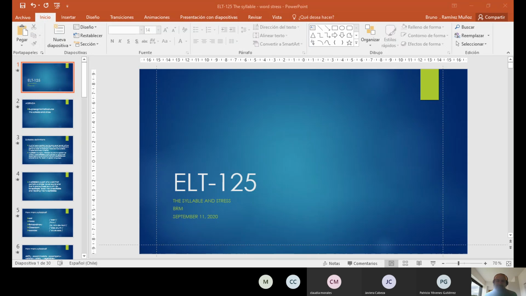Syllabification means how you divide the syllables in English. It may sound crazy, but it's very easy for us in Spanish because syllables have a specific structure. And when we divide, for example, the word te queda, we clap: cha, que, ta.